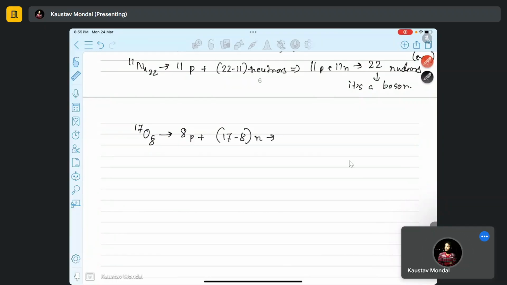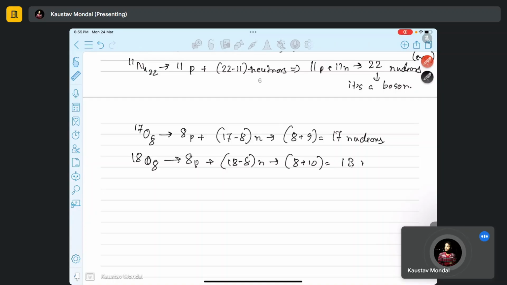This gives us 8 plus 9 equal to 17 nucleons, and 18O gives us 8 protons plus 18 minus 8 neutrons, that gives us 8 plus 10, that means 18 nucleons.